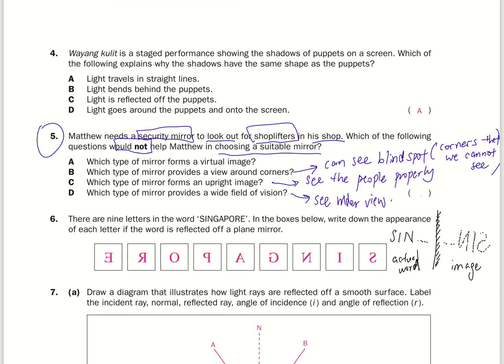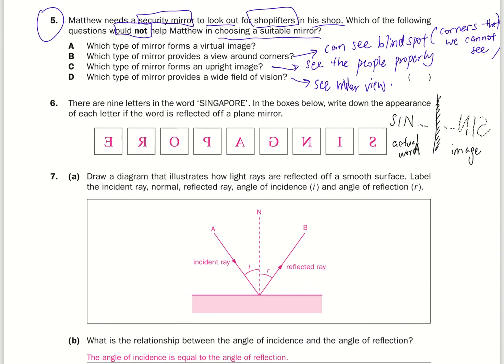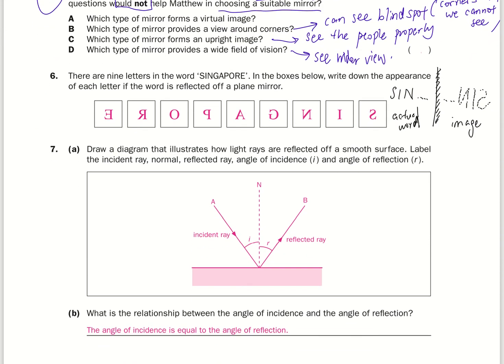Okay, so for question 5, we have gone through in class. So that's like question 6 and 7. So for question 6, when they ask us to write down the appearance of each letter reflected off a plane mirror, that means the image formed must be laterally inverted, virtual and upright.